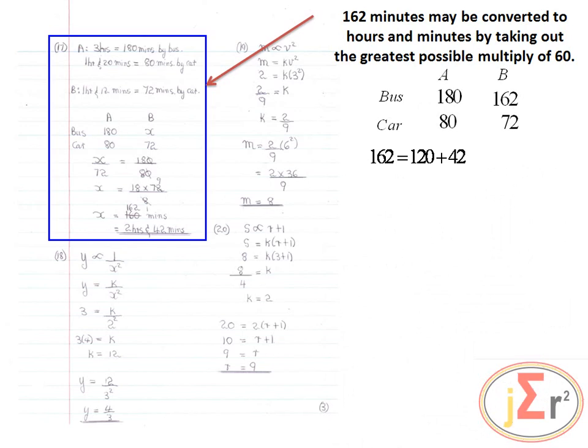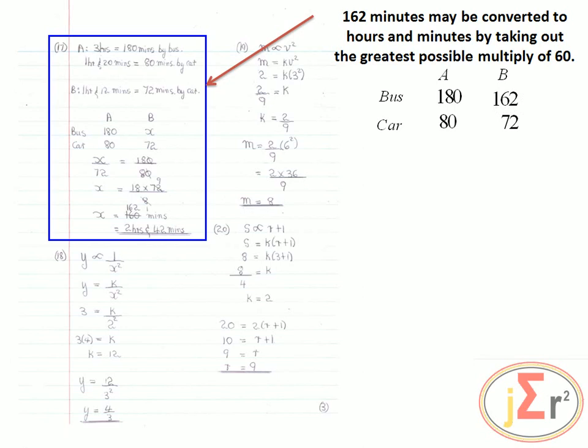And what do we know? 162 minutes may be converted to hours and minutes by taking out the greatest possible multiple of 60. So let us see now. 60 is the first multiple of 60, and then add another 60 to that. 120 is the other one, and then after 120 we add another 60, we get 180. But we only have 162. Therefore, we cannot get 3 60s out of this.